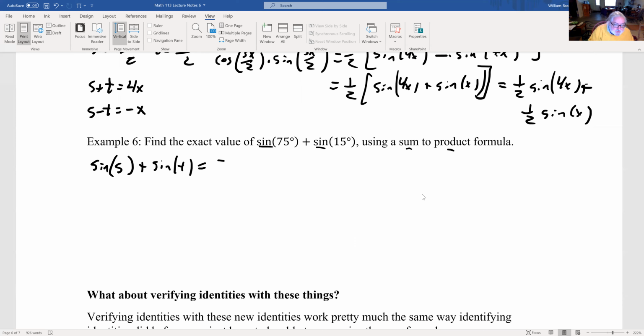And that's 2 sine of the sum over 2 times cosine of the difference of the angles over 2.